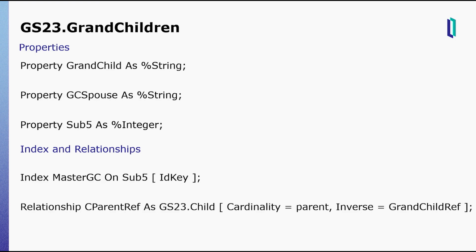Grandchildren, right? Same thing with the grandchildren. I'm only describing subscript 5. I'm going to need those other 2. I need subscript 1 and subscript 3 again, but I don't define them here. So it's just subscript 5. I define my ID key on subscript 5, and I have a relationship pointing back to my parent.